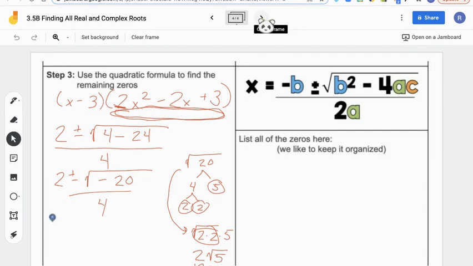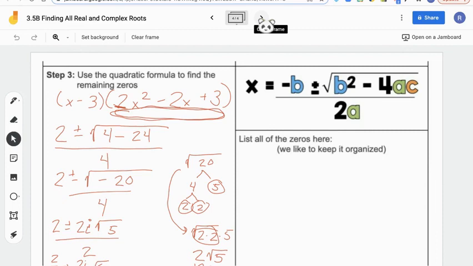So we'll have 2 plus or minus 2i times the square root of 5 all over 2. Now it has to always be written in a plus or minus bi form, so we have to make sure to divide that both places.